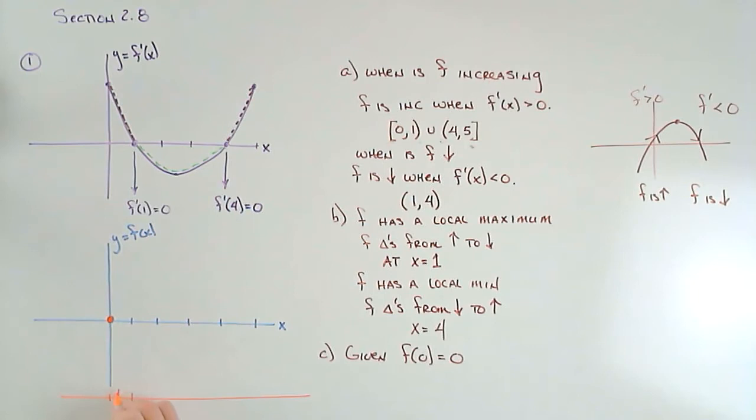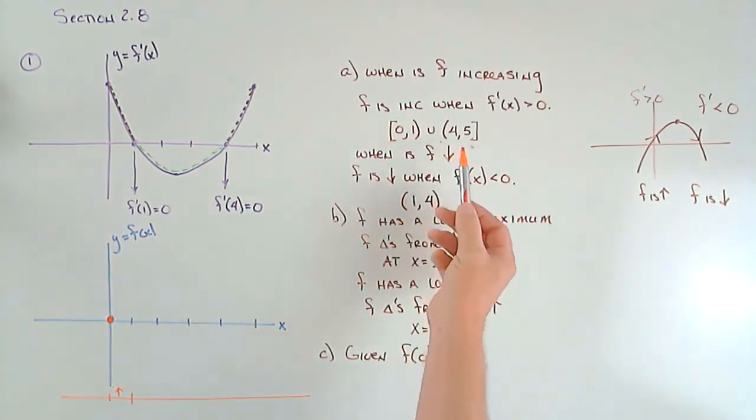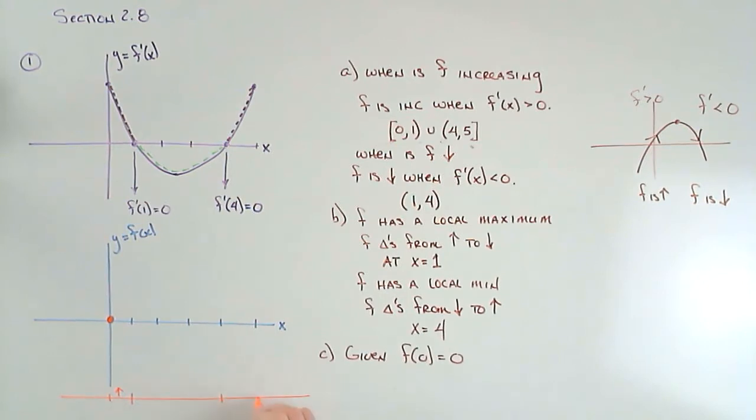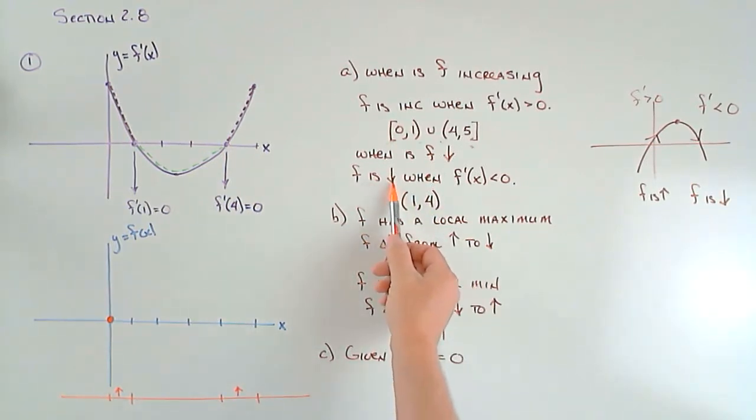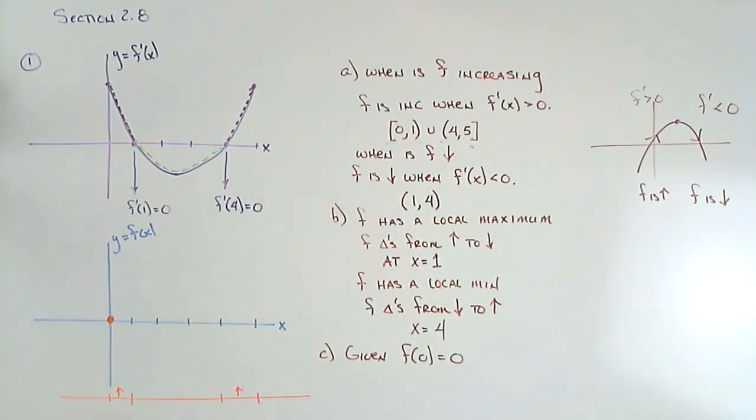So from 0 to 1, I'm going to put an up arrow to tell me my graph's going up. It's increasing. From 4 to 5, I'm going to put another up arrow to tell me my graph is increasing. From 1 to 4, my function is decreasing. That's what we found in part A. So I'm going to put a 1 here, 4 here, 5 here, 0 here.